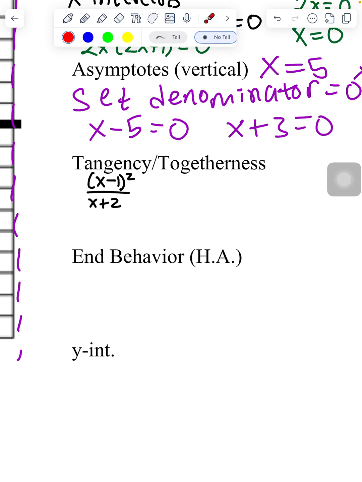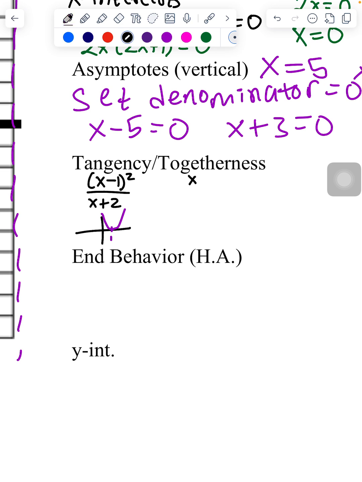And since I do not have this kind of squared set of parentheses on top, I do not have tangency. But if I did, what that would look like is at some sort of an x-intercept, in this case 1, we would have some sort of a bounce behavior. It can be going up or it could be going down, either one. So that's what tangency looks like, just to kind of review that.